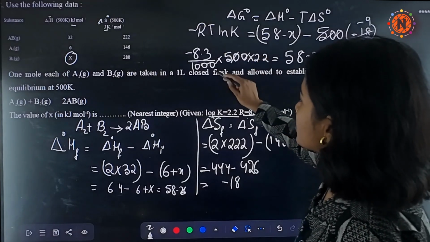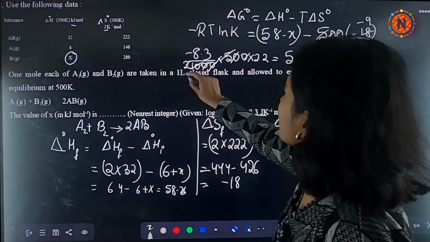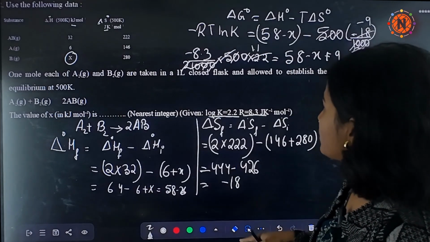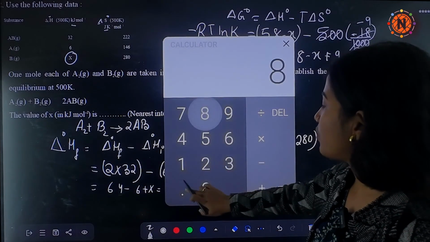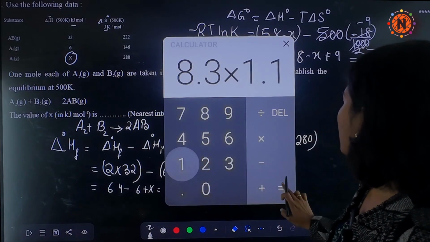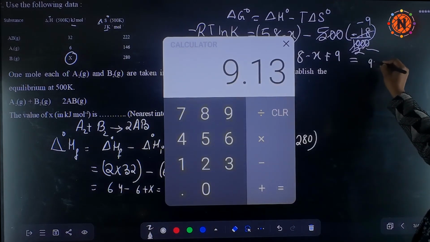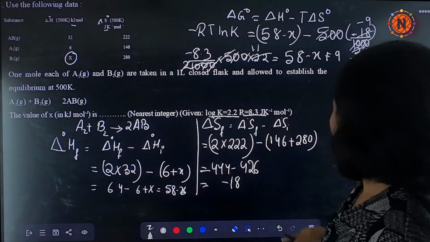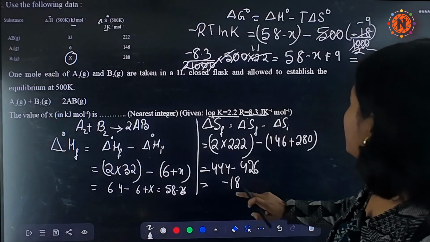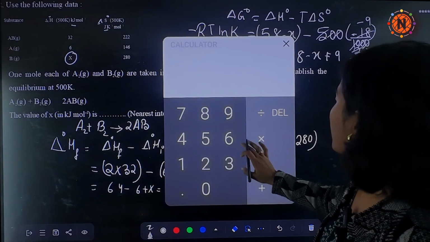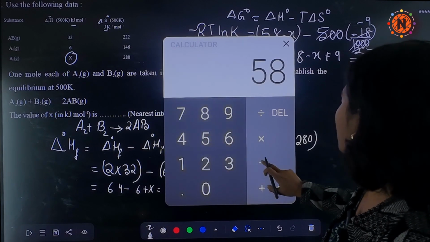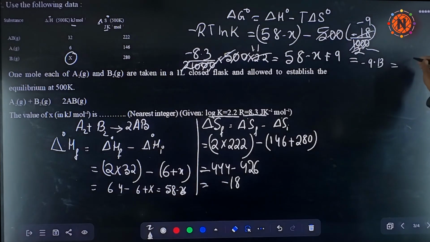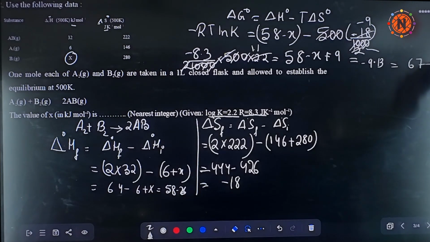let's solve it first, 1.1. So if I multiply 8.3 into 1.1, we will get 9.13 equals, here it was 58, that equals 67 minus x.